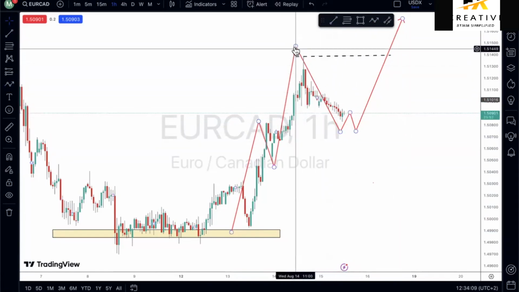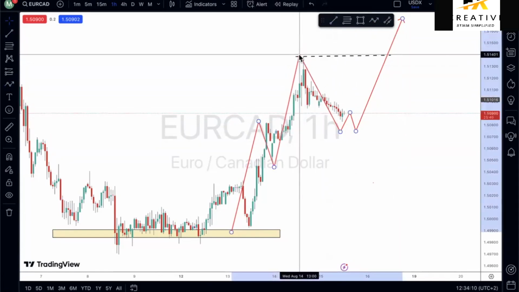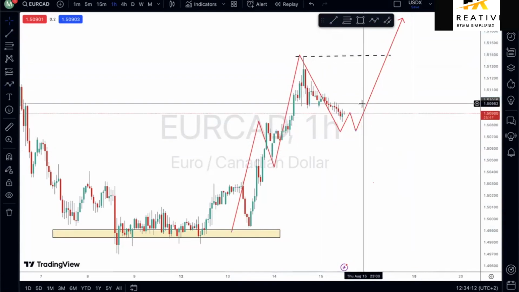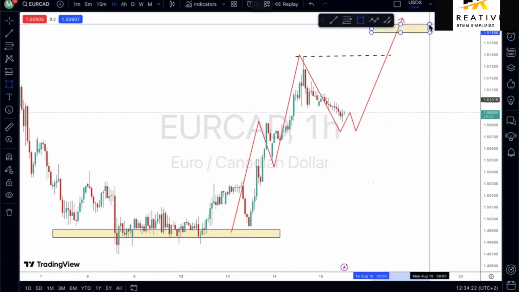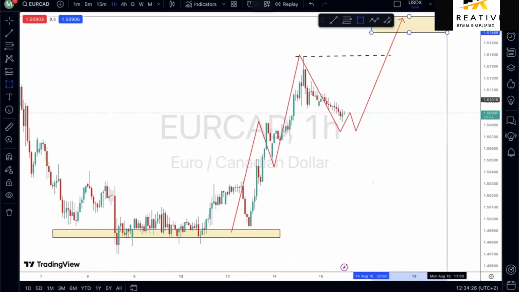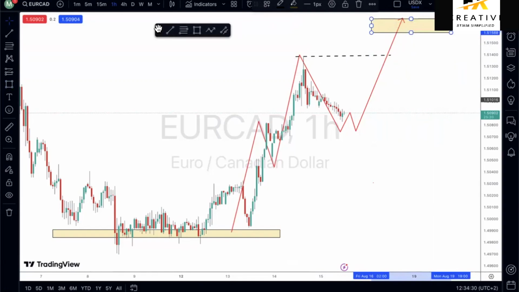So I want to see the dealer break that high and give us a new price on top there. Now that I will then call level 3. All right, that I will call level 3.